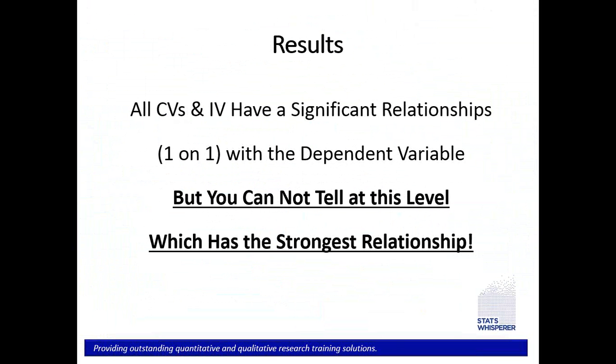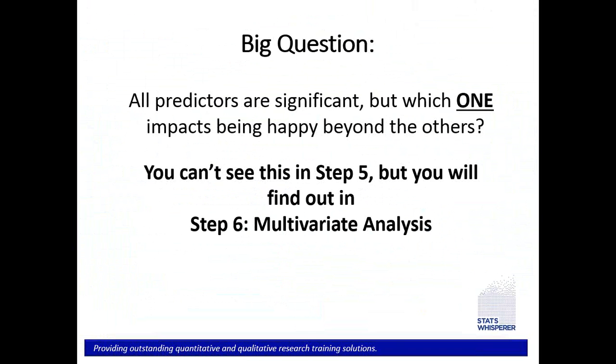But again, note, you can see here what variables are significantly related to the dependent variable, but you can't see which is the strongest predictor of the dependent variable. That will be revealed in step 6, multivariate analysis.